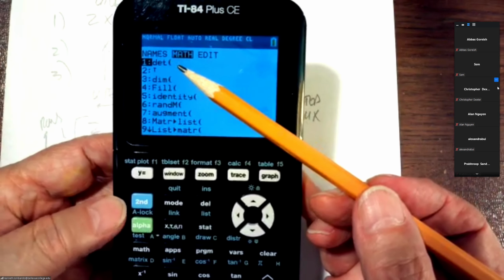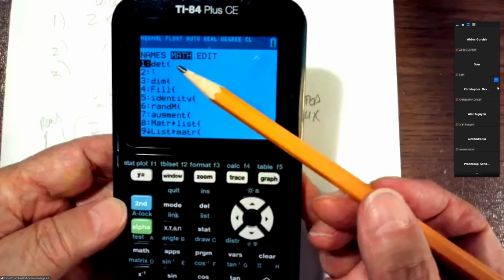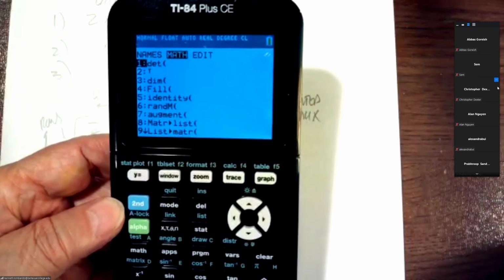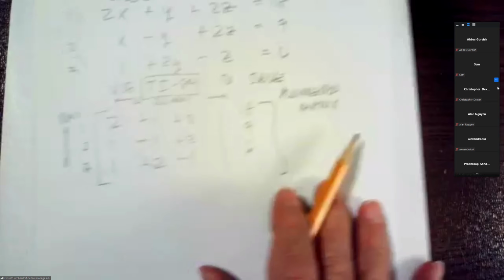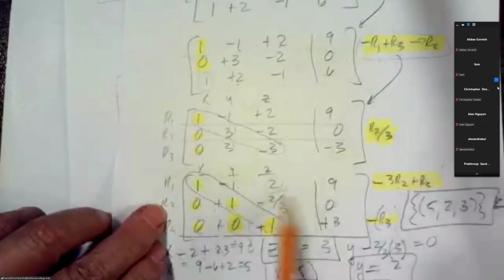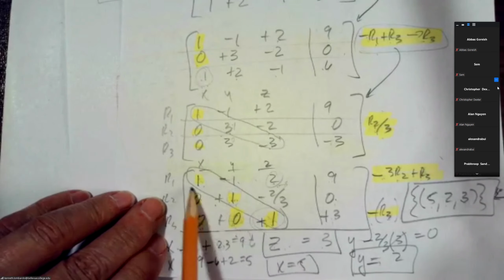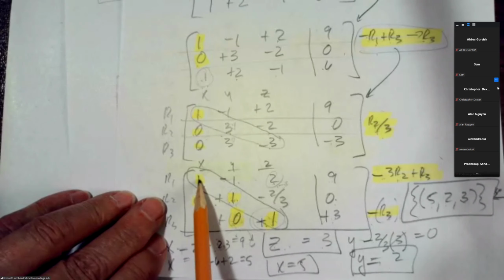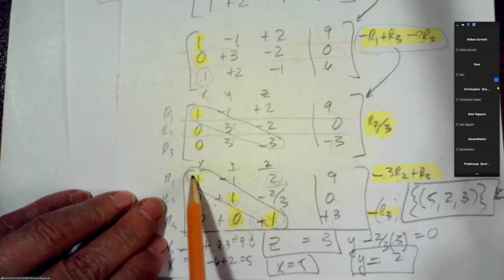And the question is, which math operation do I want to do? I want to do a reduced row echelon format. That's what we saw when we had this. Remember, we had this set up with ones here when we solved it earlier. See, where do I have it? This right here, this is called a row echelon matrix. That is to say, we have ones along this echelon right here.